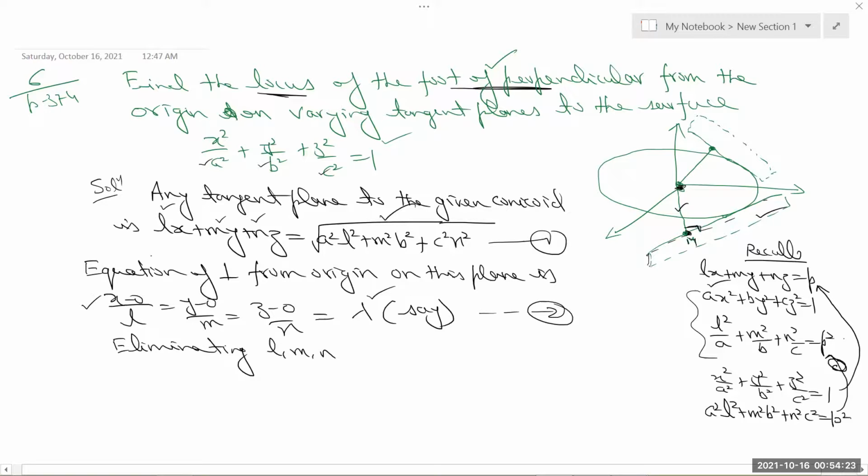So on replacing, I will get x by lambda into x plus y by lambda into y plus z by lambda into z is equal to 1 by lambda times, now replacing L by x, under root a square x square plus b square y square plus c square z square. And lambda is non-zero, so it will get cancelled out.